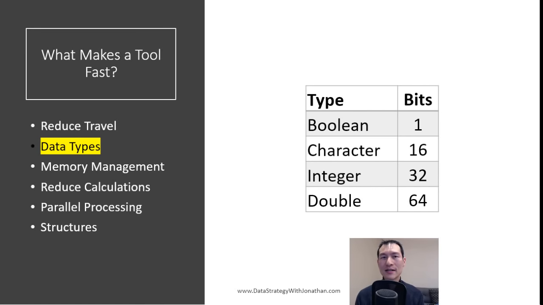And these days, when you're using kind of high-level tools like Excel and even R, you generally don't need to think about these things quite so much, because a lot of this is basically taken care of for you. But again, this is one of the reasons why some of these things also run slow, because if you don't need to think about what kind of data you need to allocate memory for, then basically it assumes that you have to have the largest storage size available, right?